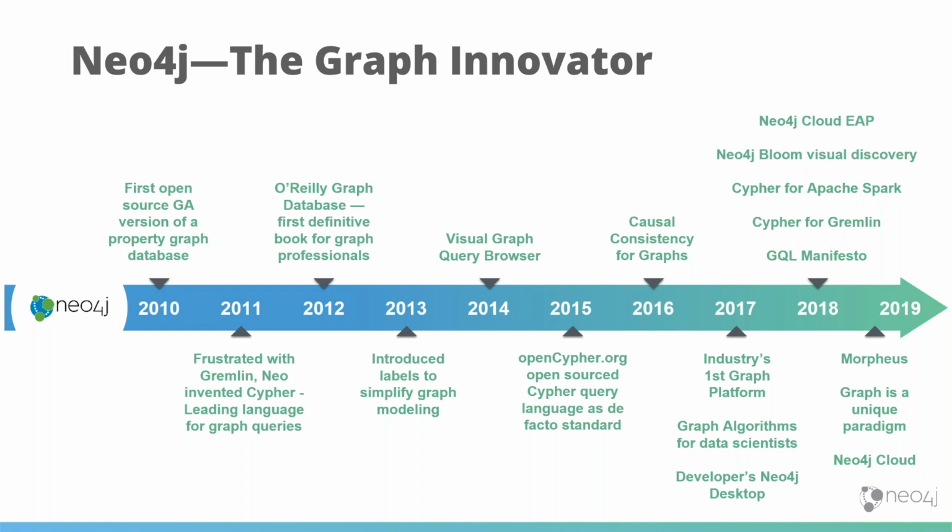And then now we have going on an early access program for Neo4j Cloud. I'll talk to you about Neo4j Bloom in just a moment. We released earlier this year Cypher for Apache Spark. This is a toolkit in the open source world for putting Cypher on top of Spark itself. We did the same thing for running Cypher on top of the Gremlin engine.